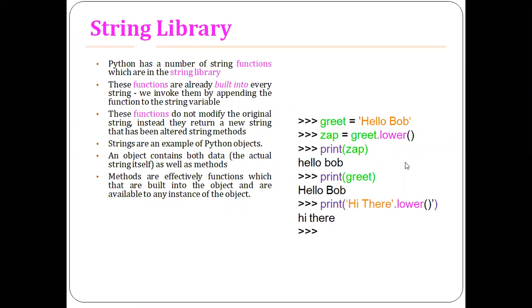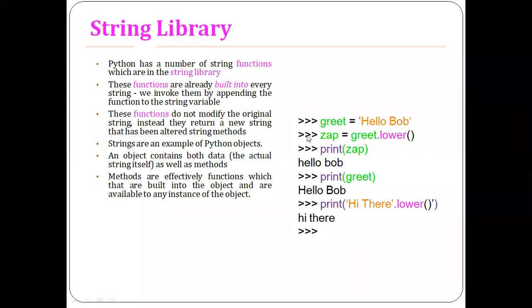So greet.lower(), irrespective of whether the characters are lowercase or uppercase, converts them all into lowercase letters. This is assigned to a new variable, and once you print it, all the characters are converted into lowercase letters, that is, hello bob.